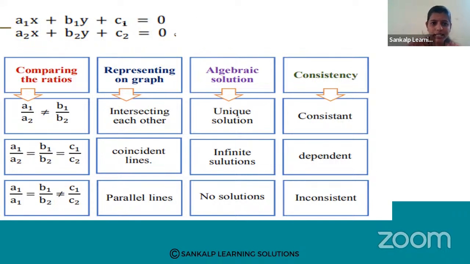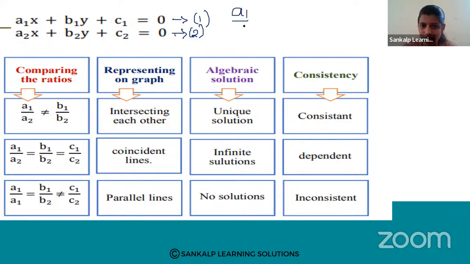So the first equation is a1x plus b1y plus c1 equal to 0. This is equation number 1. And a2x plus b2y plus c2 equal to 0. This is equation number 2. Right. So when you compare the ratios, what will you get?